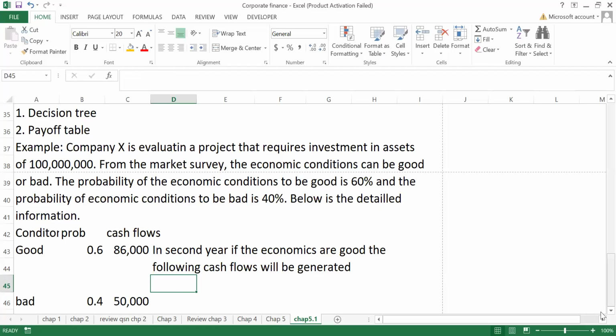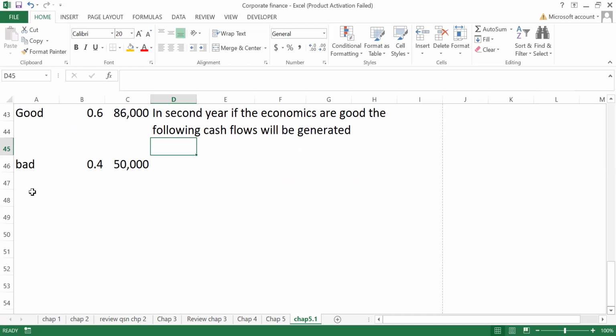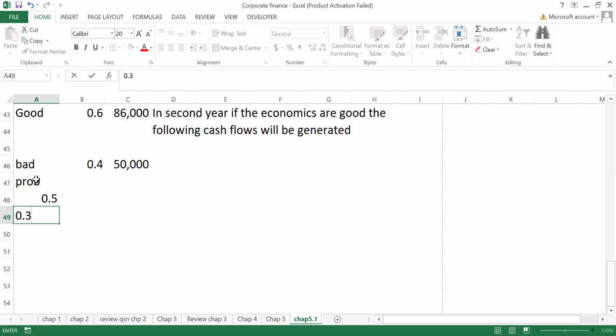I think I've written it in. This is our second year. If the economic conditions are good, the probability here can be 0.5, 0.3, and 0.2.